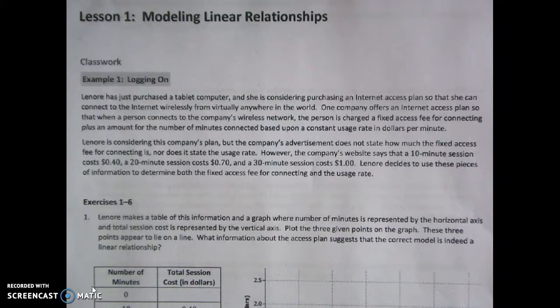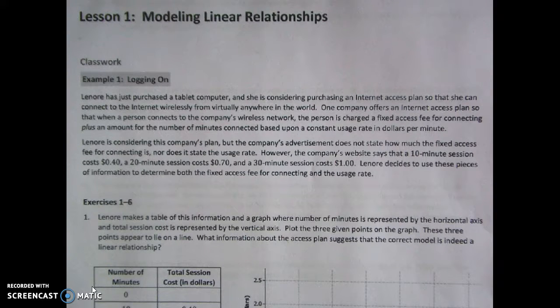So depending on how many minutes you were connected, you would pay 10 cents a minute or something like that. Lenore is considering this plan, but the advertisement does not state what this fixed fee is or what the usage rate is for every minute that you're connected.